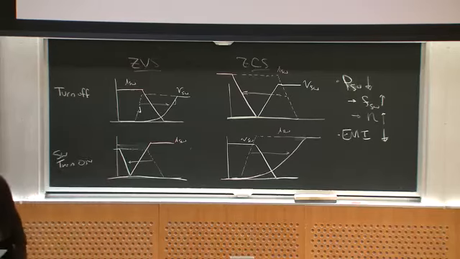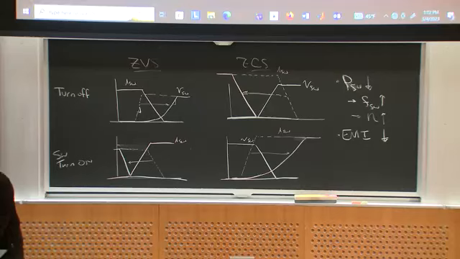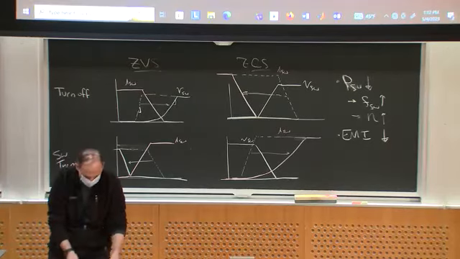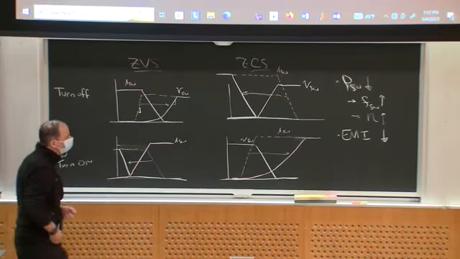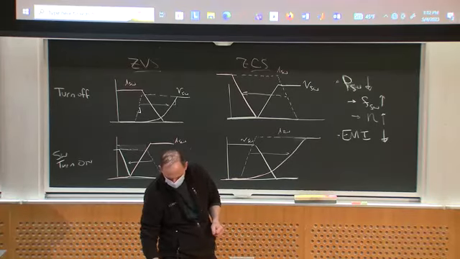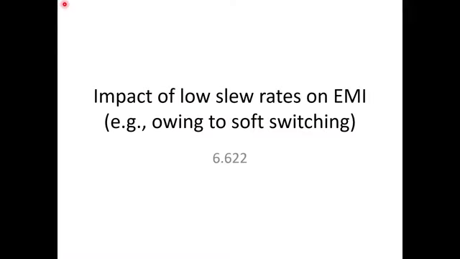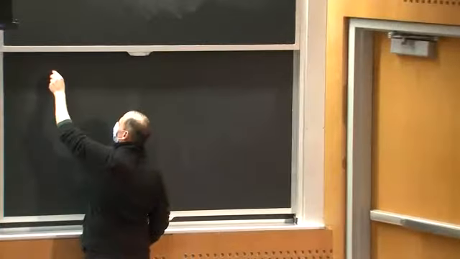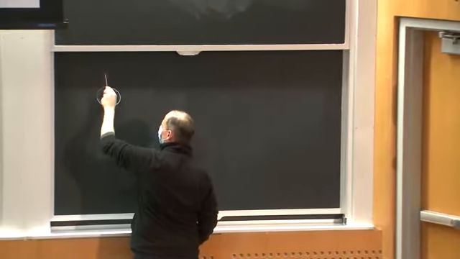So before we talk more about soft switching, let me think about this in a little bit more detail. Let's think about the soft switching impacts on EMI. So if I thought about my buck converter, for example, okay, so here's my buck converter.